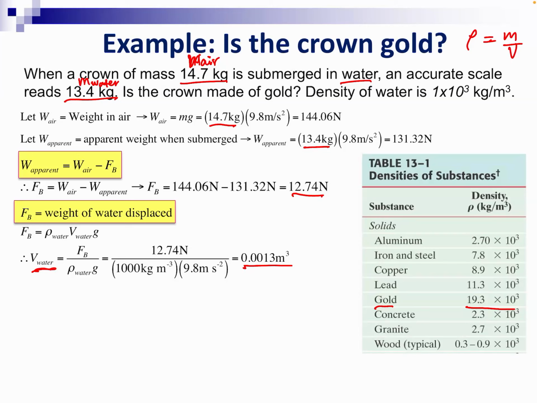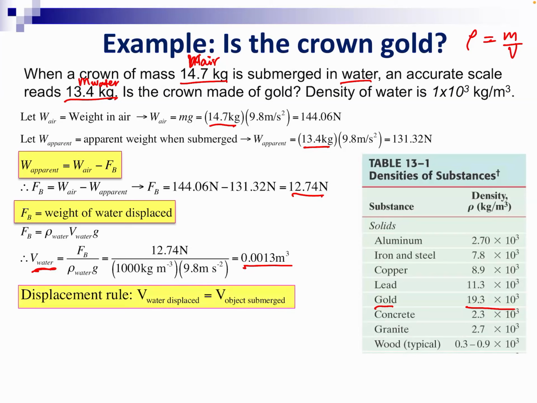Since the crown is fully submerged, the displacement rule says that the volume of the water displaced will be equal to the volume of the crown. And hence, knowing the volume of the crown allows us to determine the density of the crown: 11.3 times 10 to the 3, or 11,300 kilograms per meter cubed.